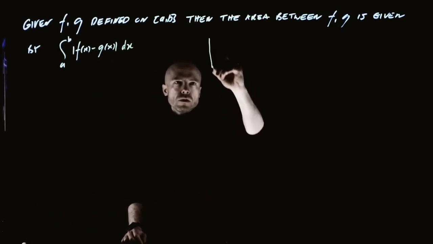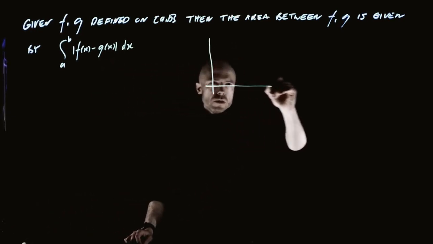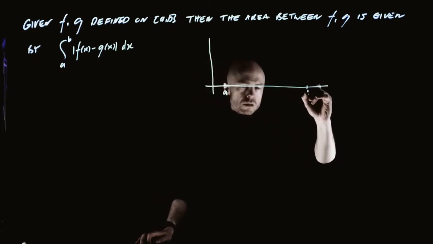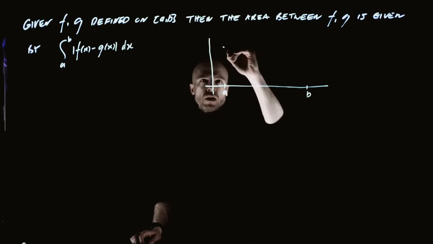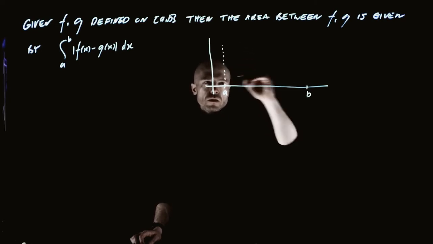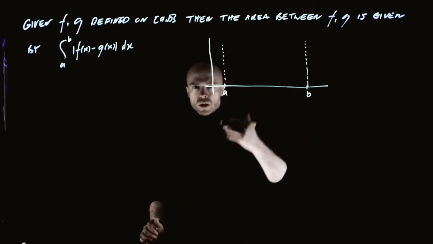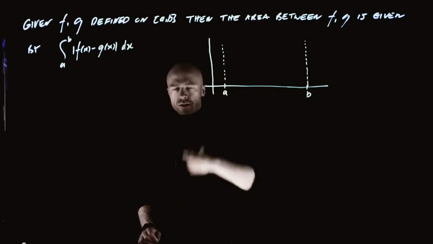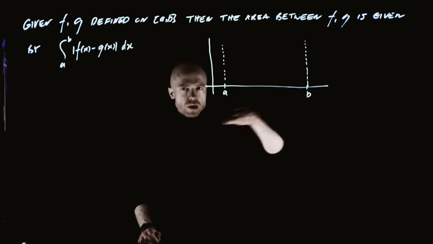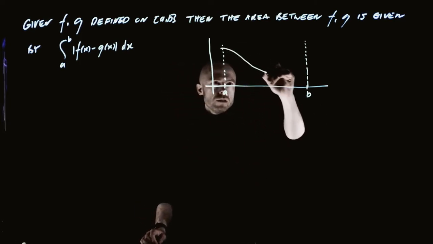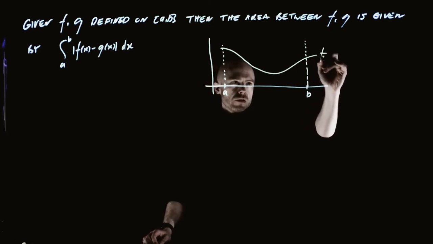Okay, so as always, it's going to make sense to us with the picture. So this is A, and this is B, and now we have just two arbitrary functions, f and g, where it's not necessarily the case that f is bigger than g throughout A to B, and vice versa. So let's draw f, which does something like this. This is f.